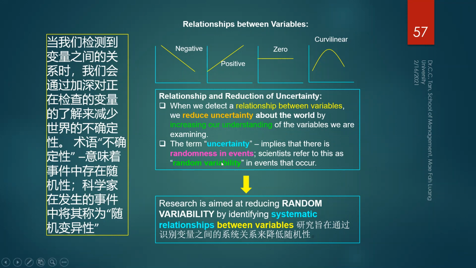It's still uncertain. You're still not clear what the ambidextrous organization looks like. And therefore your research has not been able to reduce the uncertainties about the things that you want to identify and tell the story about. So your research aim of reducing random variability has not been achieved.